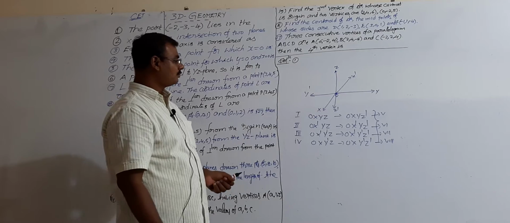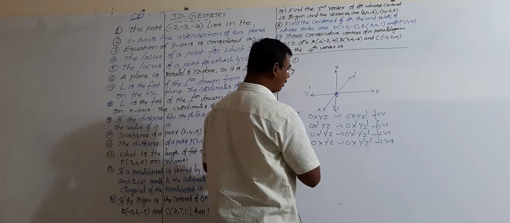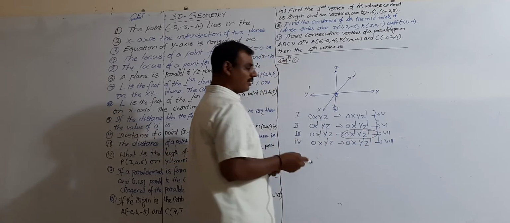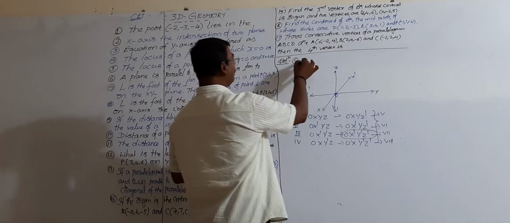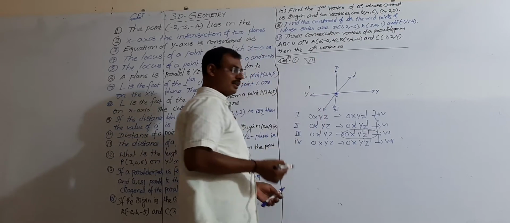So, here observe that all are negative. So, x, y, z are negative in this 7th octant. So, the answer is the given point lies in the 7th octant.